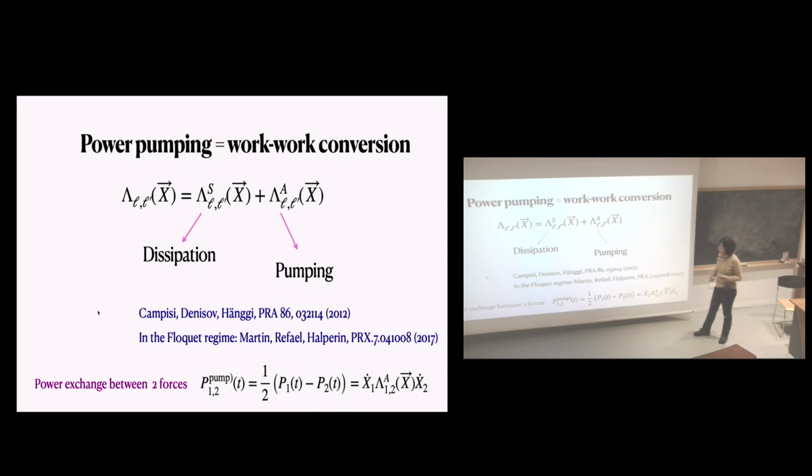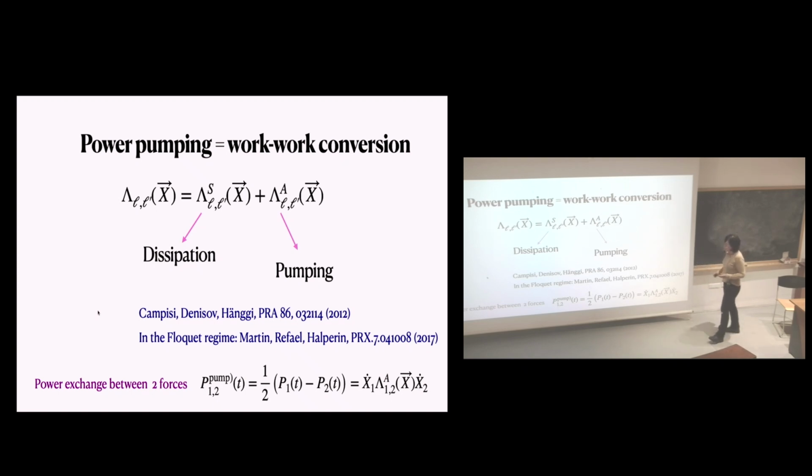A process of this type was proposed in this paper, but not in the adiabatic regime, but in the so-called Floquet regime, where you have very rapid changes where plenty of harmonics of your driving fields play a role. But it can also be formulated, and this was discussed with another name in this previous paper.